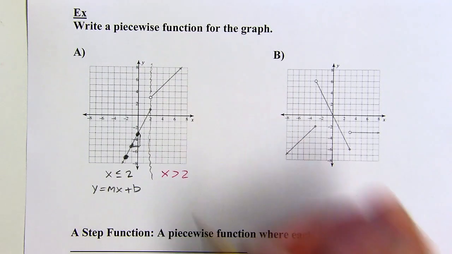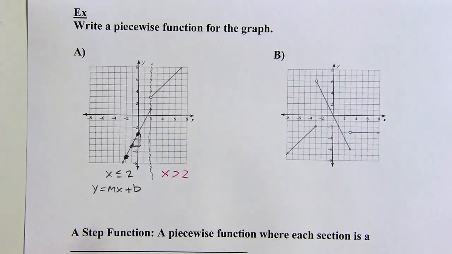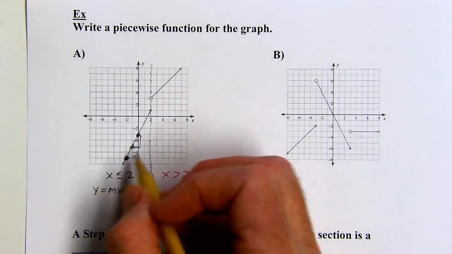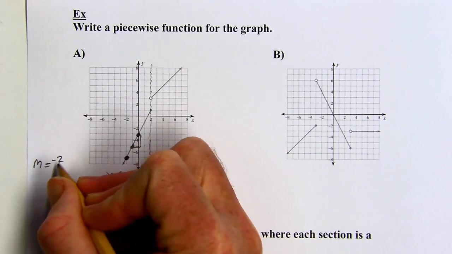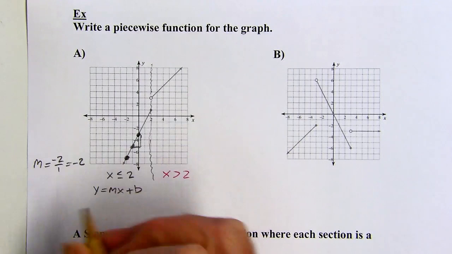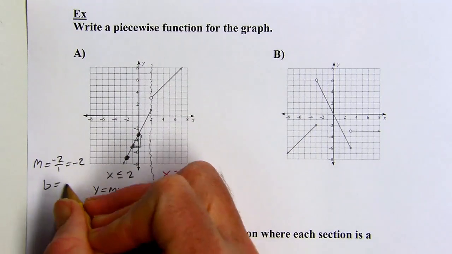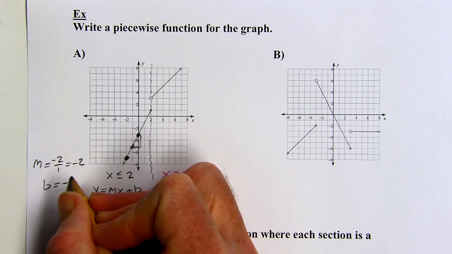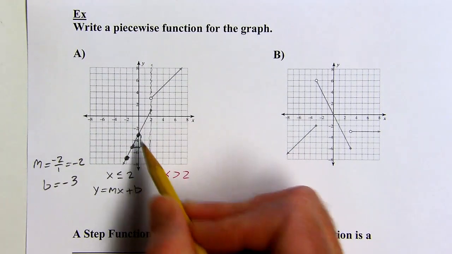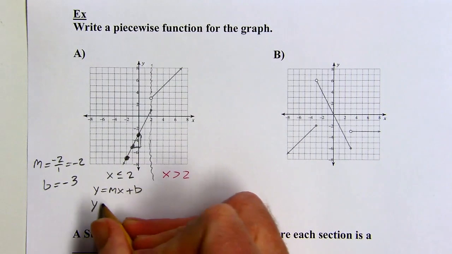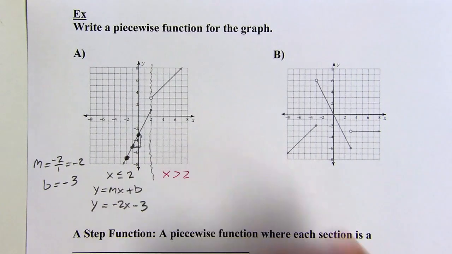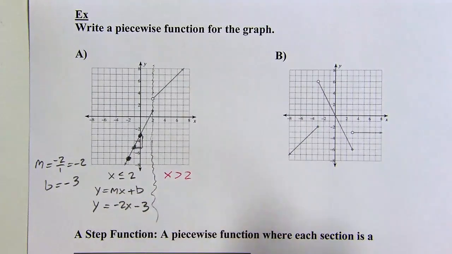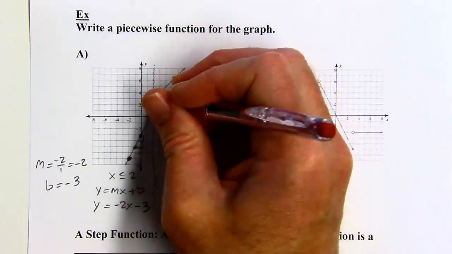Down 2 to the left 1 to get from point to point. So my slope is going to be -2 over 1, which is just -2. Okay, and then my y-intercept is negative 3. So let's see. y then equals negative 2x minus 3. Okay, so there's my graph for that line on the left side. Okay, I'll just color code this here.